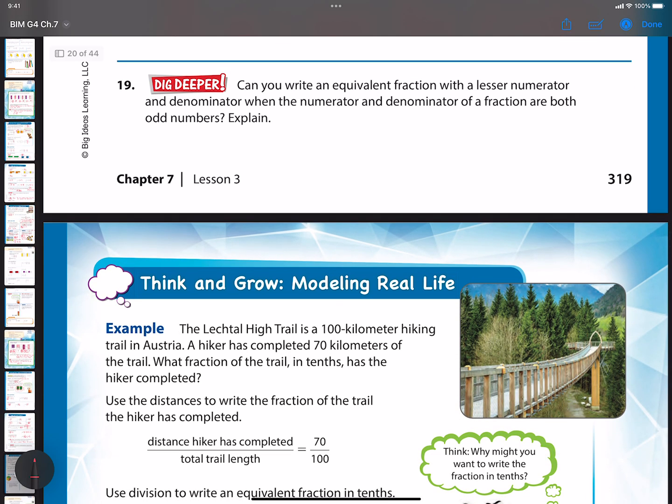Number 19. Can you write an equivalent fraction with a lesser numerator and denominator when the numerator and denominator of a fraction are both odd numbers? Explain. Odd number, even number doesn't matter. Okay, it is possible because when they have a common factor, you can always have a lesser numerator and denominator by dividing with the common factor.